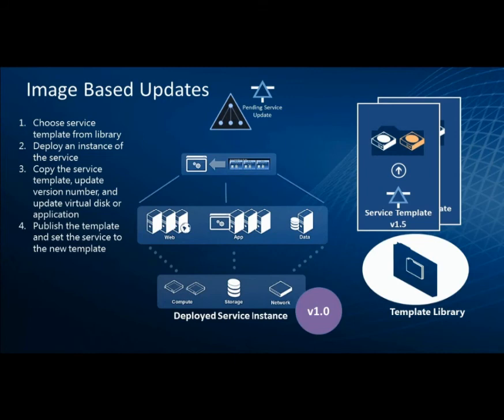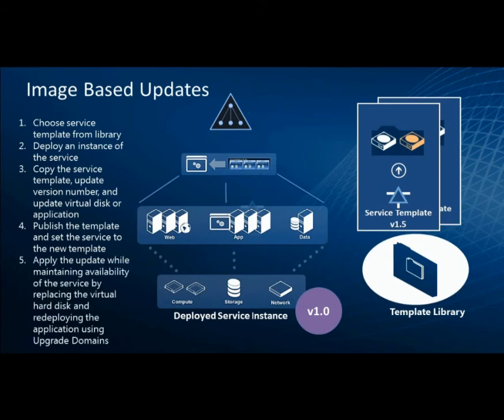Then the next step here is I will push down that update to the tiers, to that service. Again, it's going to take into account upgrade domain, so it's not going to bring down the entire version unless I wanted to.